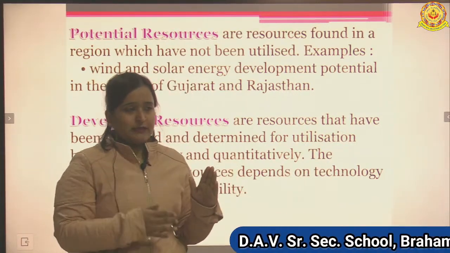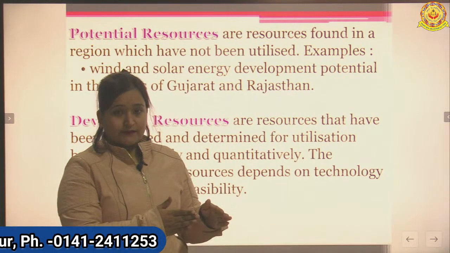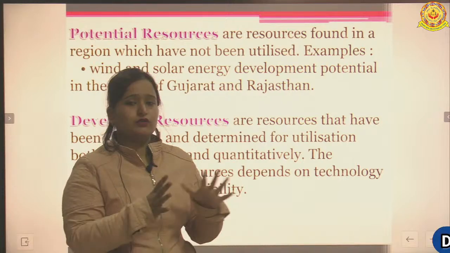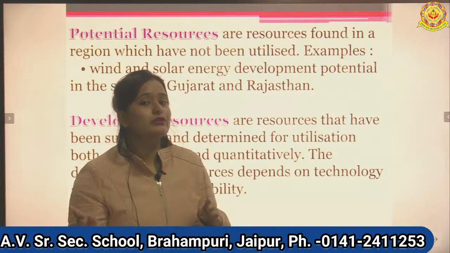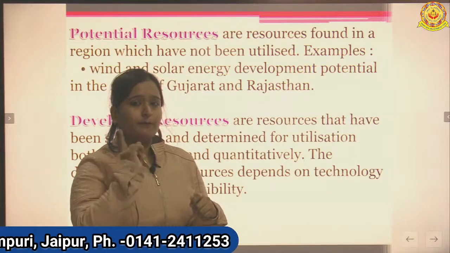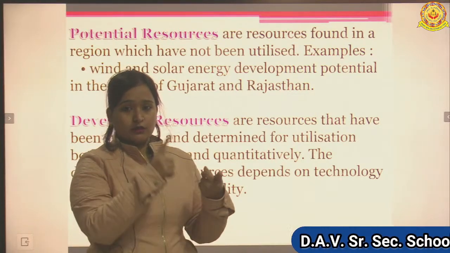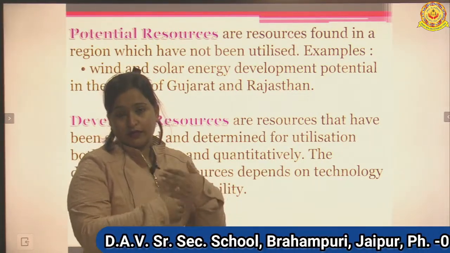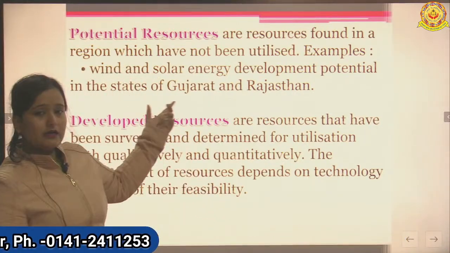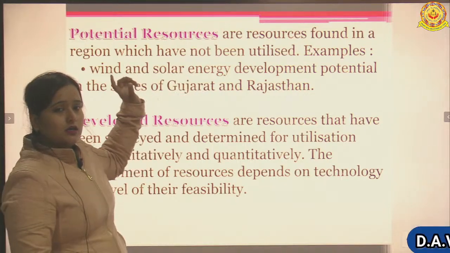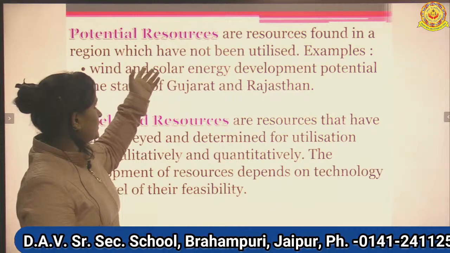Again I'm explaining: at that particular place we have resources in a huge amount, but still we are not using them in a proper way, and quantity-wise we are not taking advantage of those resources. That is the meaning of potential resources.